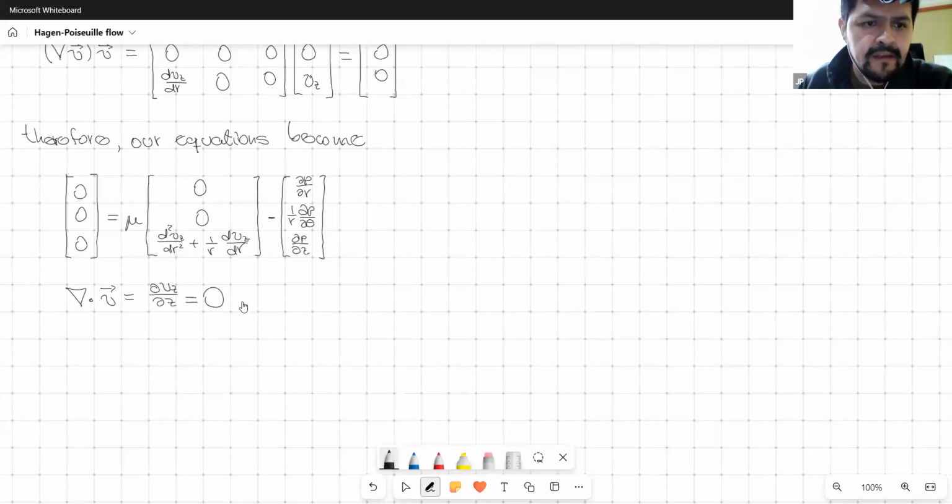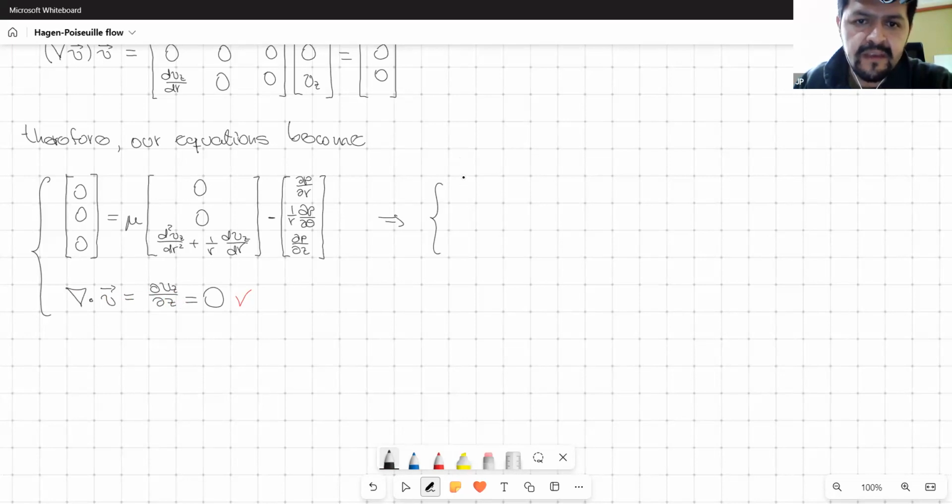Okay? So that being said, we now see that the last equation, this one here, is automatically satisfied. So we don't need to do anything. We don't need to calculate anything else to enforce this conservation of mass. And this system of equations, the one coming from the first expression, could be written in the following way.